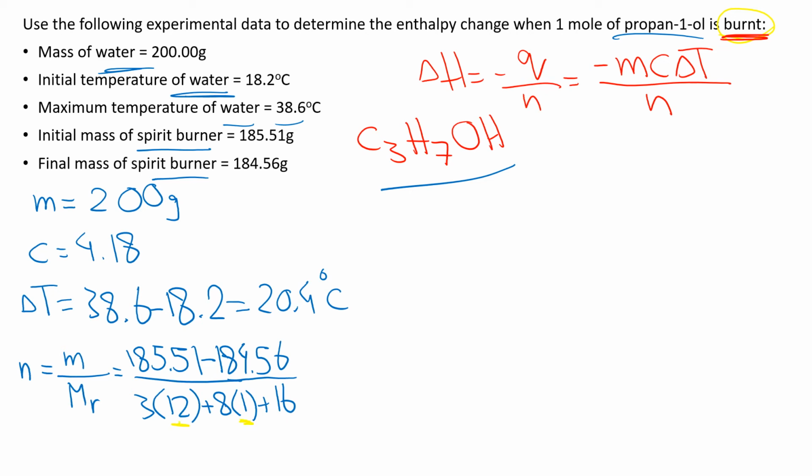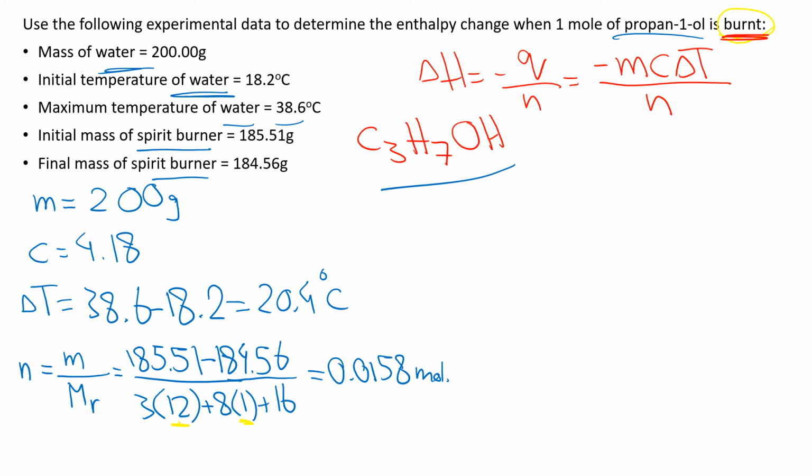Don't just memorize it. Use it directly from the data booklet in order not to make any mistake. If you put those numbers in the calculator, you should get the number of moles, which should equal 0.0158 moles.